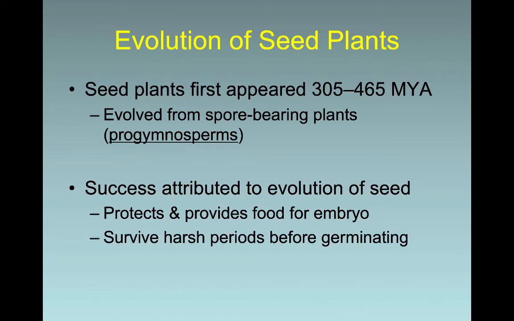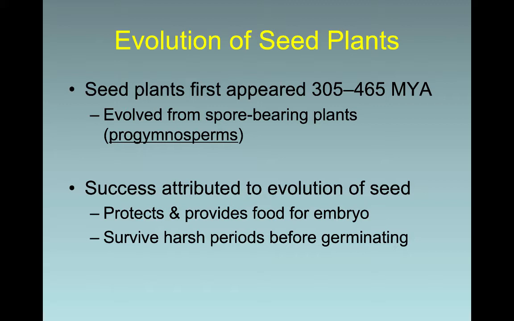And so seeds really allow the plants to get through the hard times and survive to a point when conditions might be favorable, if not ideal, for the plants to begin to germinate. Because remember, a baby plant is really not that much different from a baby animal in the fact that it doesn't have a whole lot of protection around it. So if conditions are less than perfect, having a bit of a layer of protection around the embryo is never a bad idea.